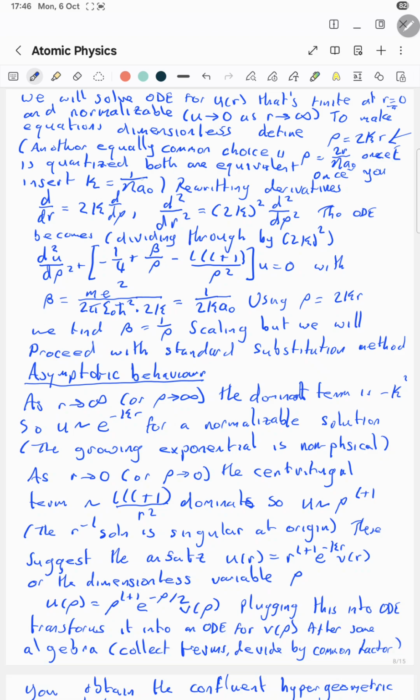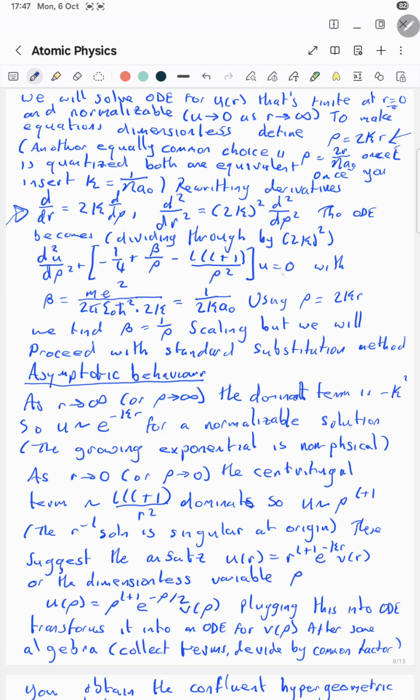And we insert kappa equals 1 over n times the Bohr radius, rewriting the derivatives as such here, where d by dr equals 2 kappa d by d rho, and d squared over dr squared equals 4 kappa squared d squared by d rho squared.